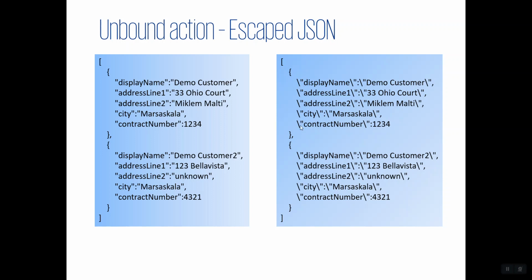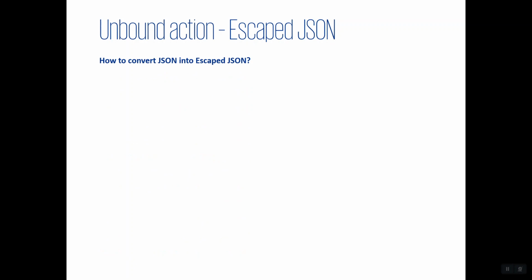You can see here the escape slash character before all the double quotes. This becomes my escaped JSON. You just need to copy this and place it between the double quotes. How can I convert normal JSON into escaped JSON? It's very simple. You just copy the normal JSON into Notepad and replace the double quotes with escaped double quotes. That's a simple way.